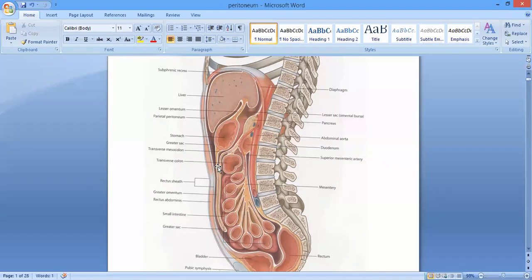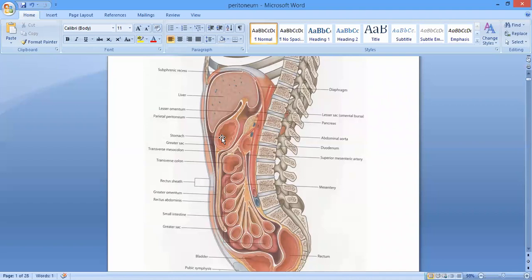So the main compartment, the greater sac, extends from the diaphragm downwards to the pelvis. Whereas the lesser sac is the smaller one, and it lies behind the stomach.